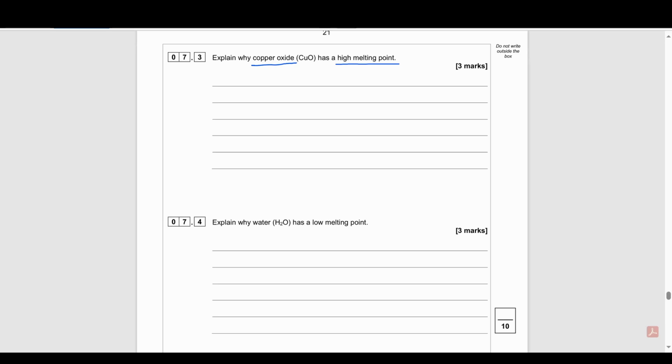For a solid to turn into a liquid, energy must be provided. So if it's a high melting point, then that means a lot of energy is required. But what is it required to do? Well, copper oxide now.